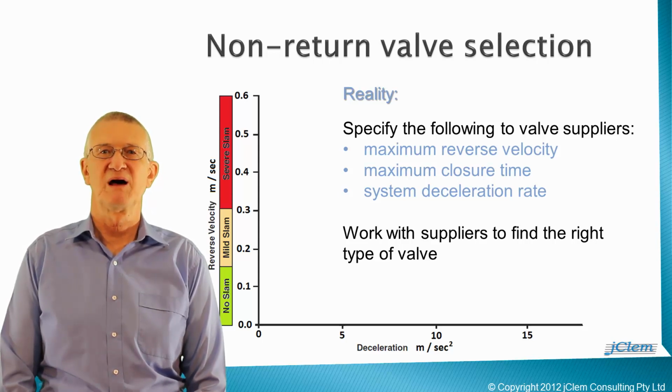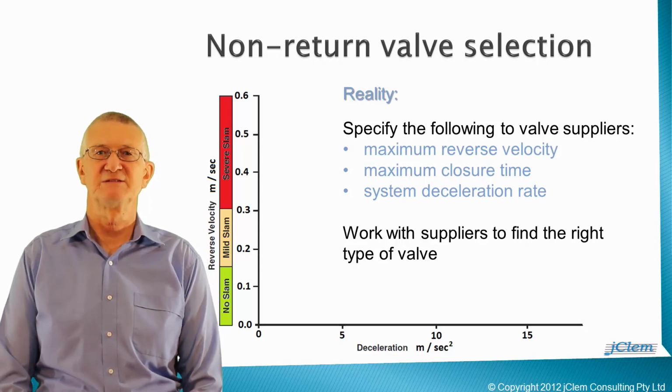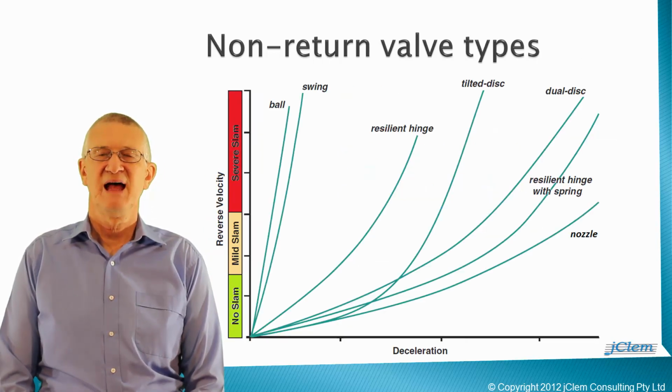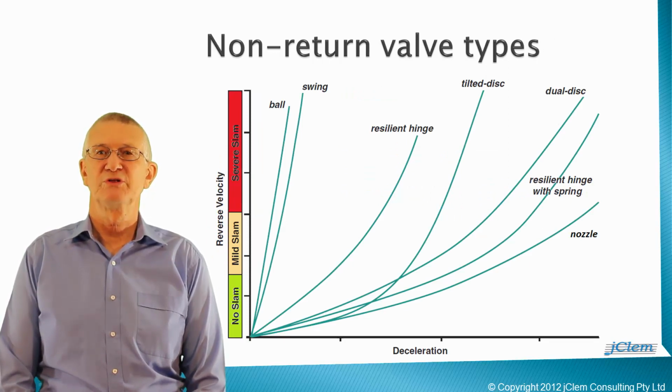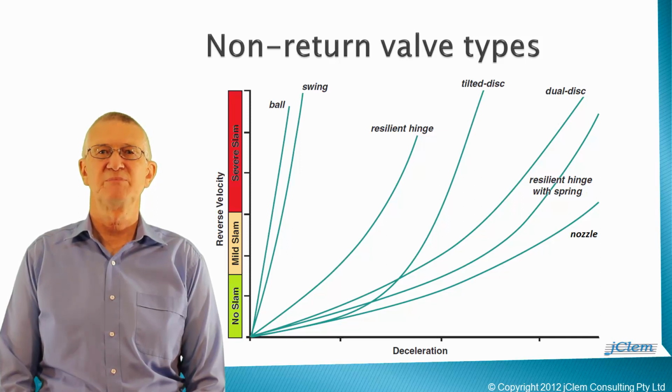Then work with suppliers who can offer non-return valves that satisfy the specification. Having made that recommendation, I will talk through the qualitative relativities between various types of non-return valves, not to give you a valve selection tool, but to help you understand how and why the various types perform differently.